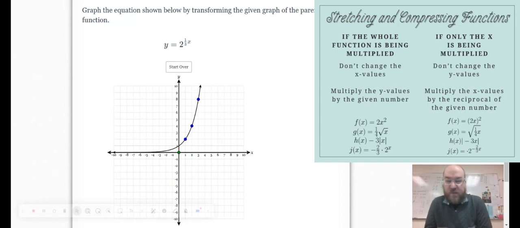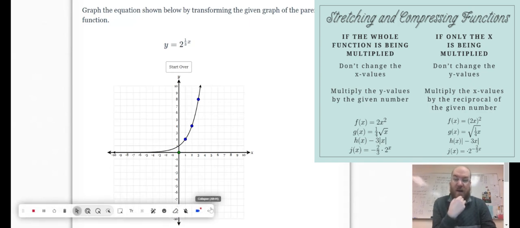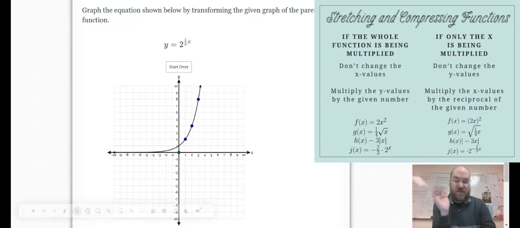So one more example for you here. This parent function is y equals 2 raised to the x power. The 2 is part of the parent function, and so is the x. But now we have a 1/3 in there. That 1/3 is only happening to the x, which means we need to follow the rule of don't change the y values and multiply x values by the reciprocal of 1/3.